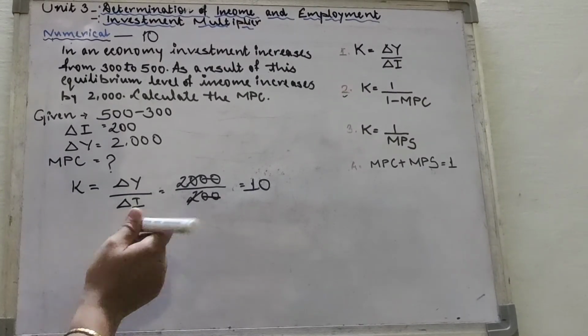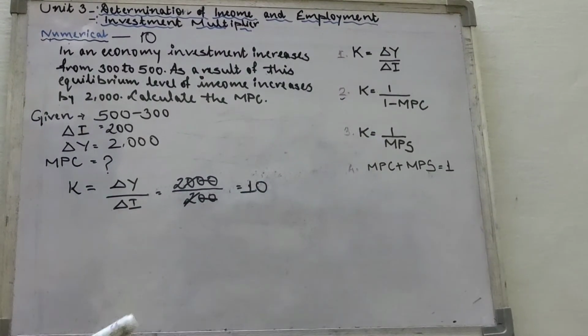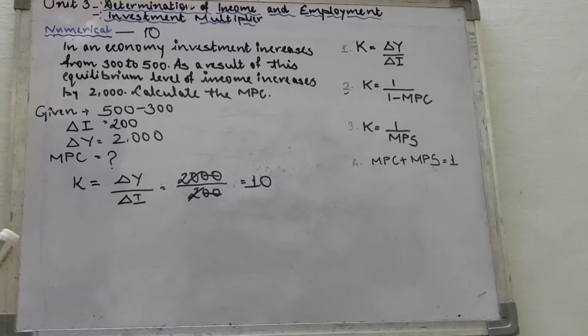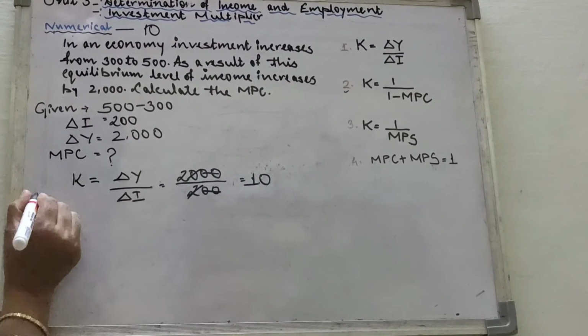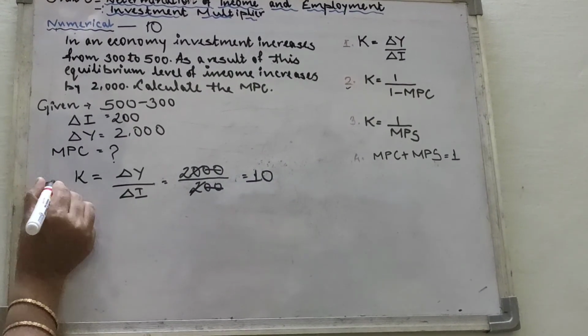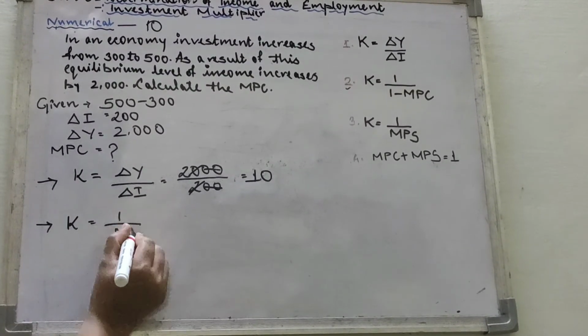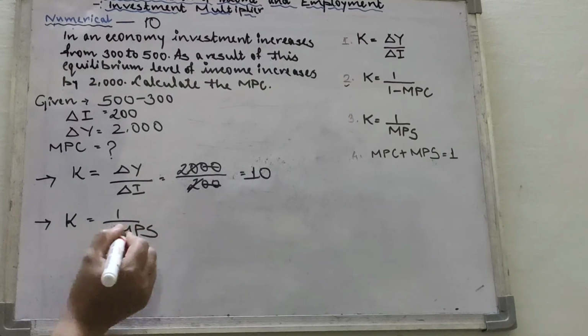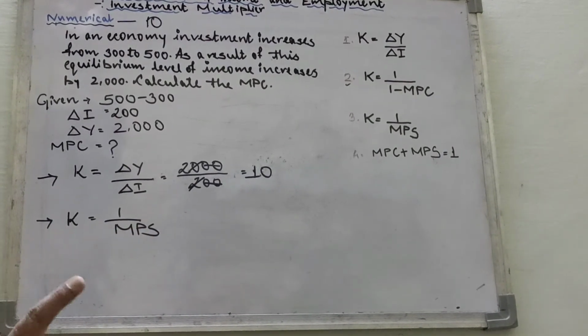So to find MPC, see, instead of this I am using this formula because this is much easier than the second one. See how I am using K. Now the second step, K is equal to 1 by MPS. Instead of finding MPC, I am finding MPS, which will be more convenient.